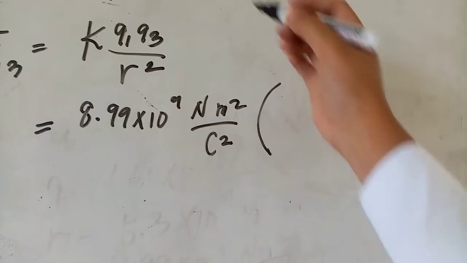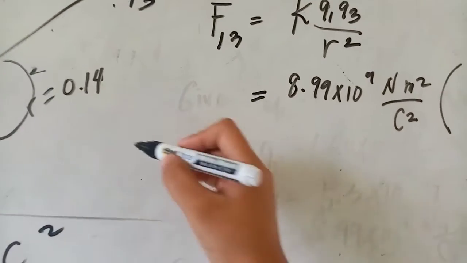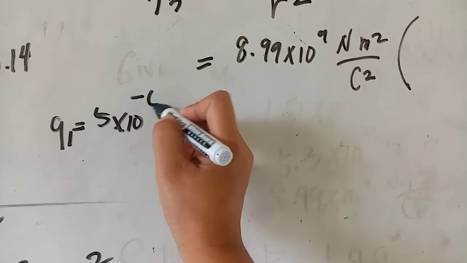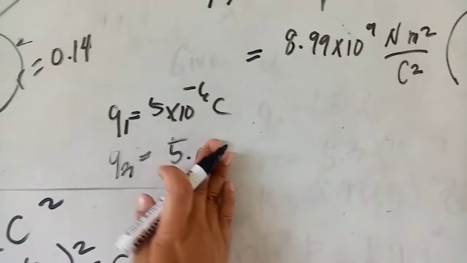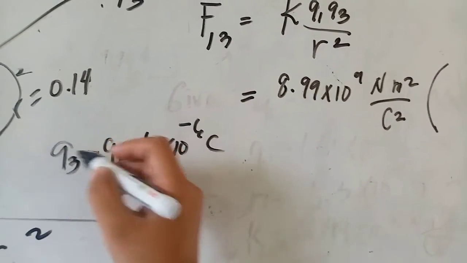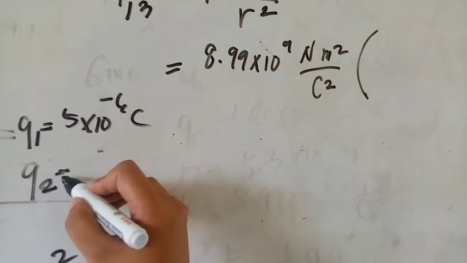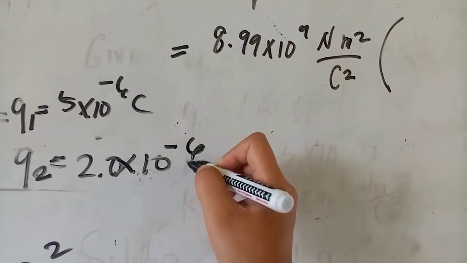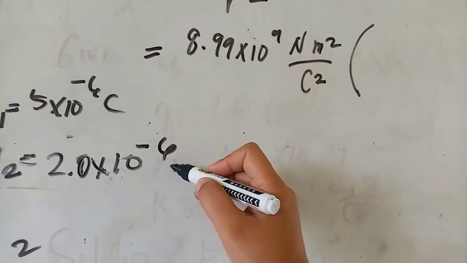Let's record the given first: charge 1 is equal to 5 times 10 to the negative 6 coulomb, and charge 3 is also equal to that, since charge 1 is equal to charge 3, and charge 2 is equal to 2.0 times 10 to the power of negative 6 coulomb.